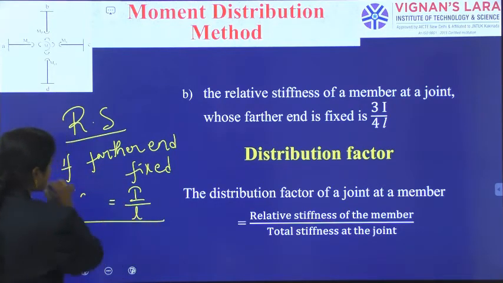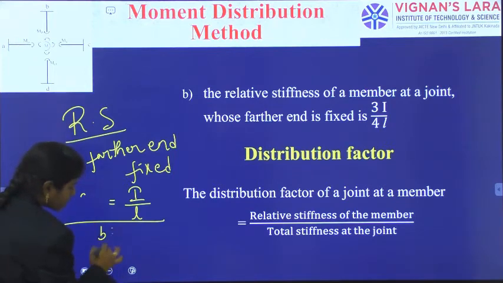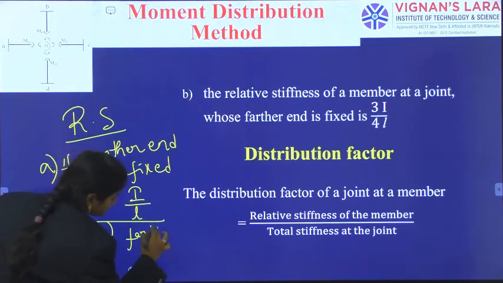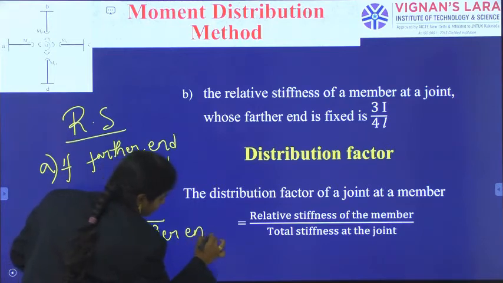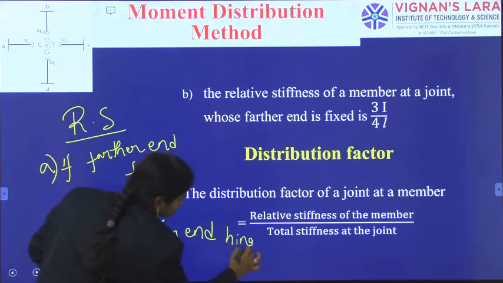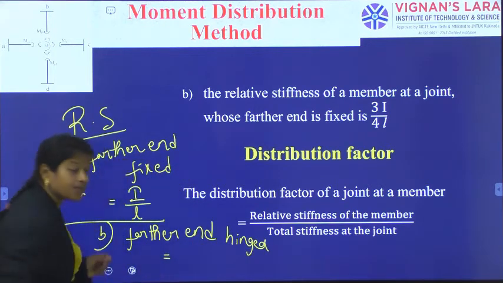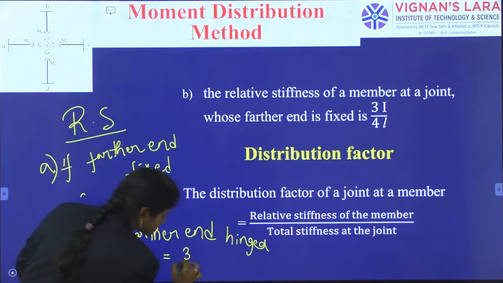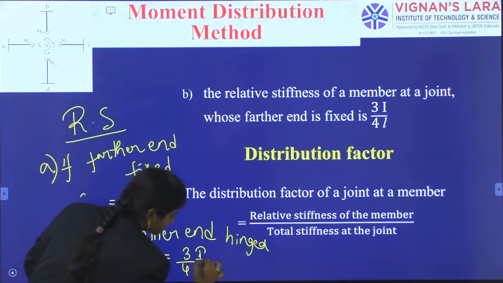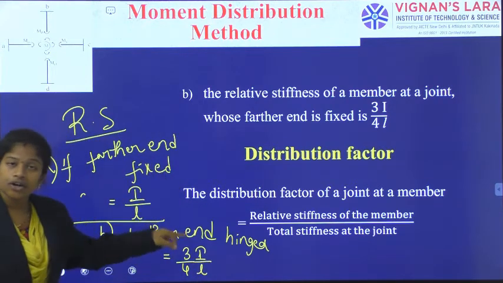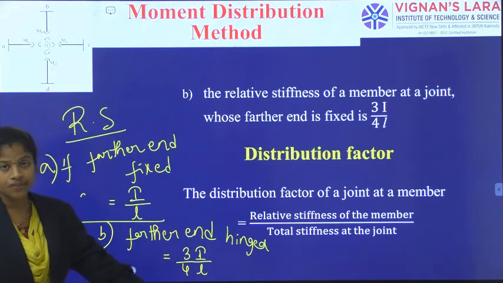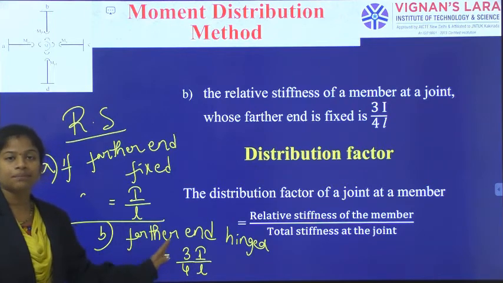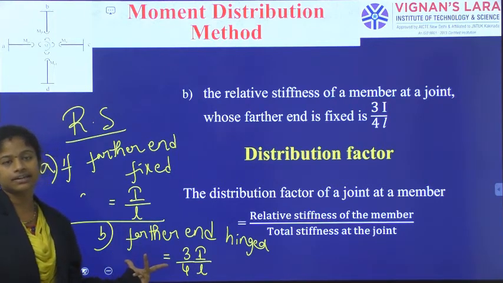Otherwise, in the next case, we have the farther end hinged. Due to this condition, what is the relative stiffness? It is 3/4 of I by L. The moment of inertia of the particular section over the length of the particular member, multiplied by 3 by 4, gives the relative stiffness. Okay.